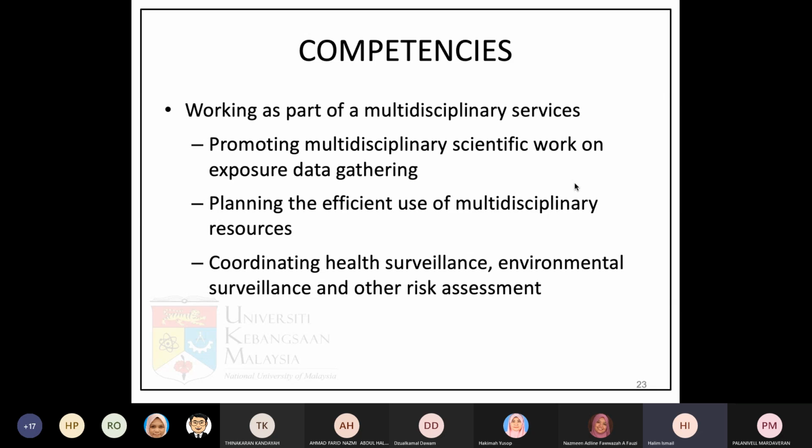Working as part of a multidisciplinary services, promoting multidisciplinary scientific work on exposure data gathering, planning the efficient use of multidisciplinary resources, coordinating health surveillance, environmental surveillance, and other risk assessment. Jadi you akan belajar lah macam mana cara nak buat.